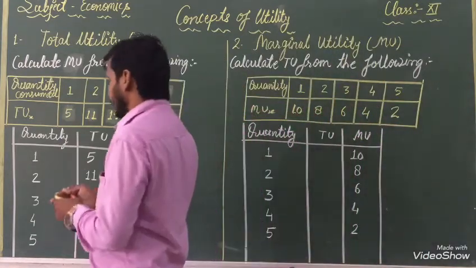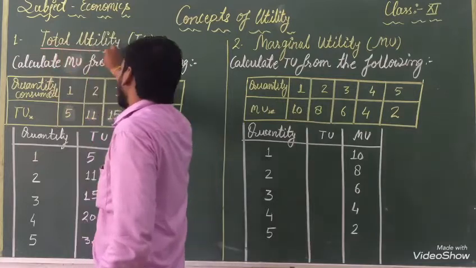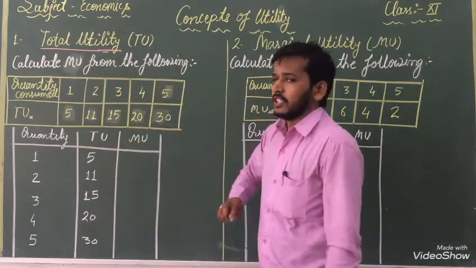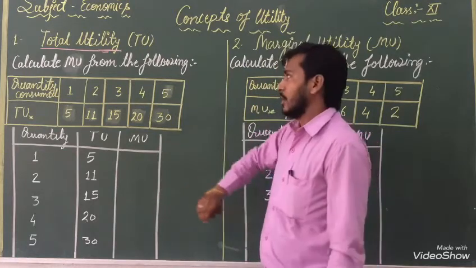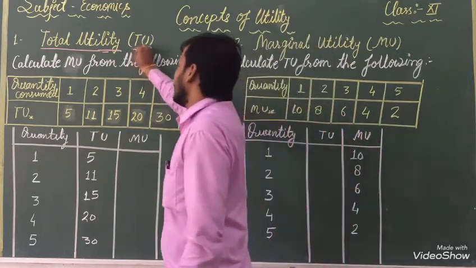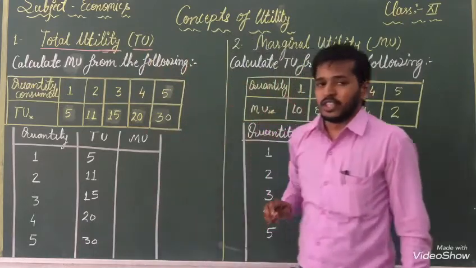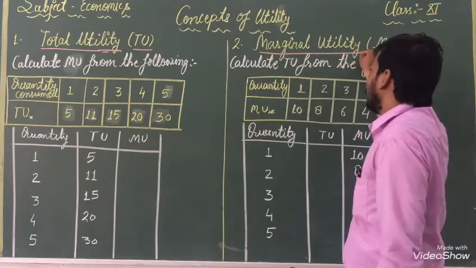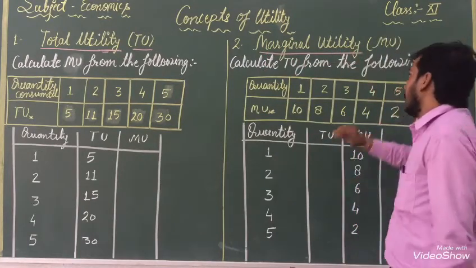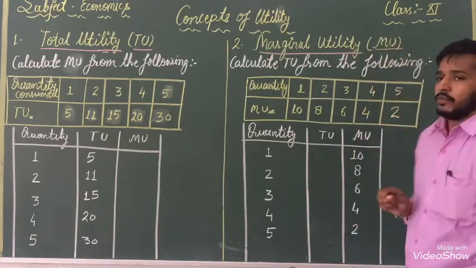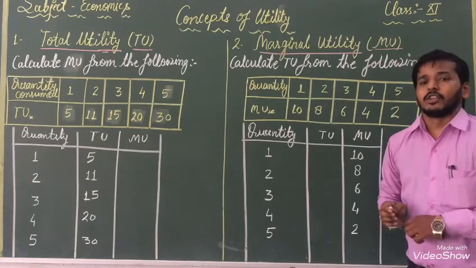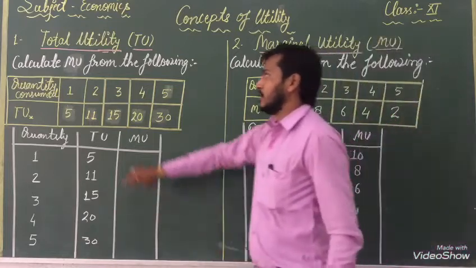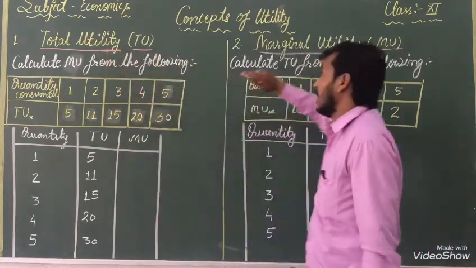The first one is total utility, which we denote with capital TU. The second one is marginal utility, which we denote with capital MU.